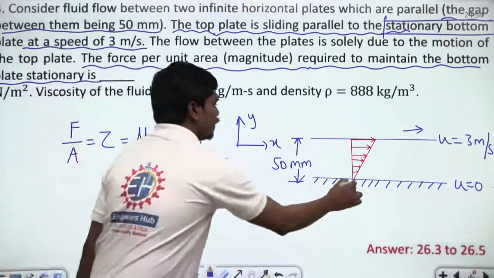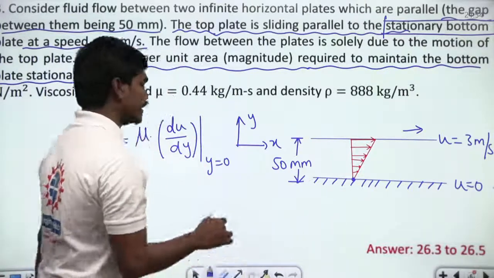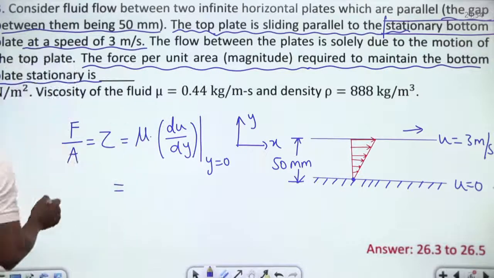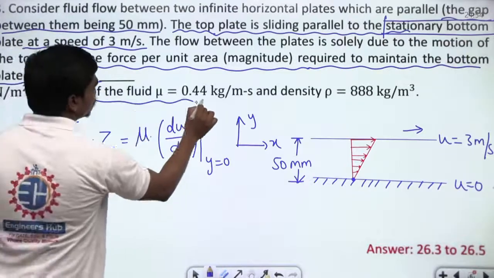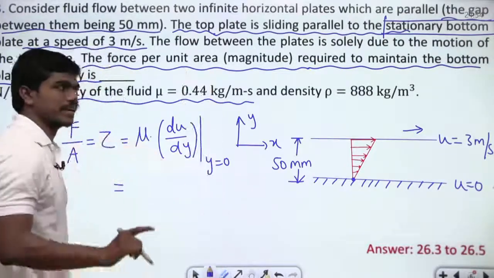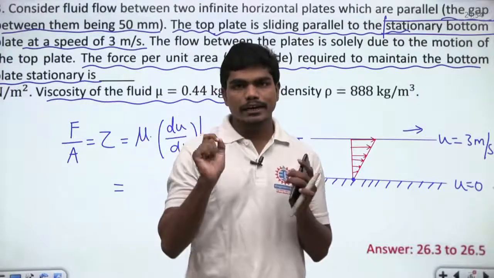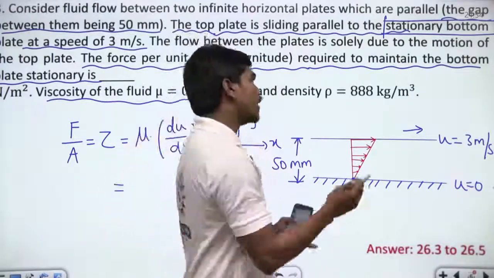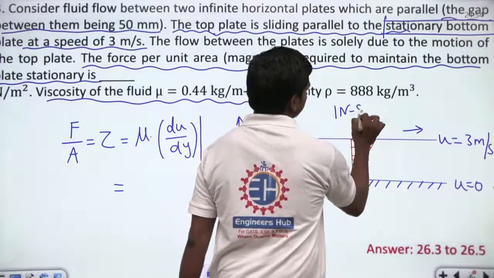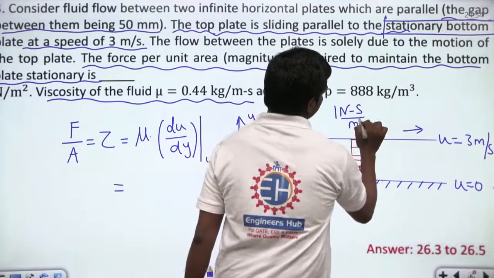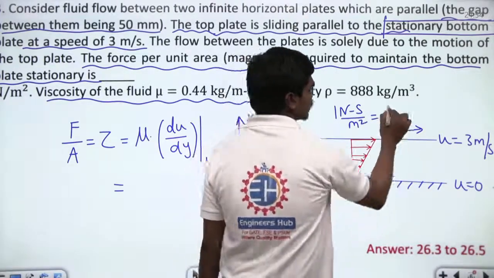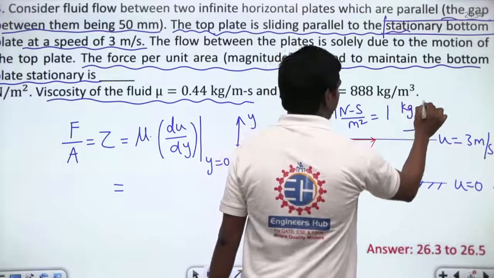So if you want this shear stress value, then mu, the viscosity of the fluid, is equal to 0.44 kg per meter second. I clearly told you during the conversion that 1 Newton second per meter square, Pascal second basically, is equal to 1 kg per meter second.